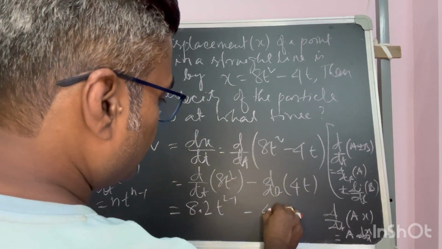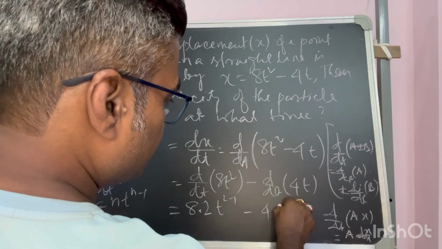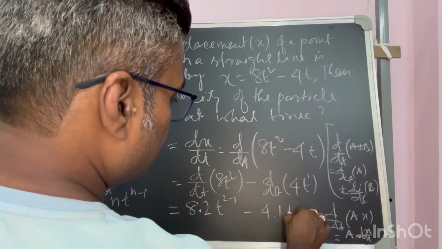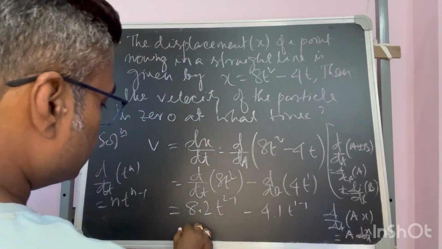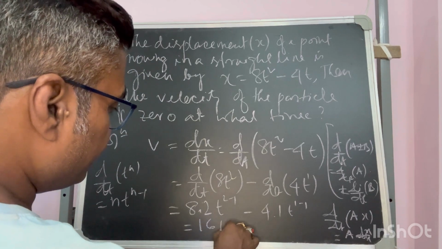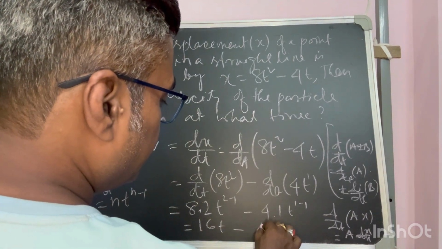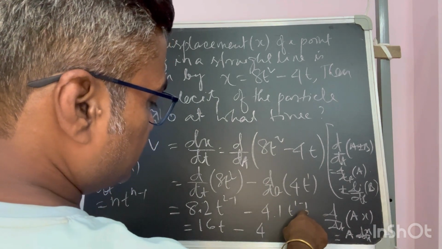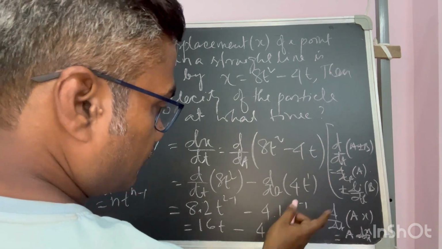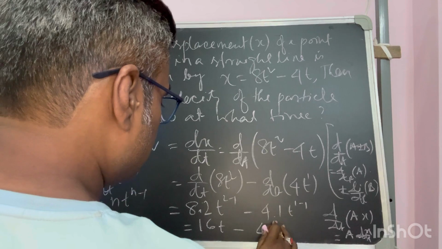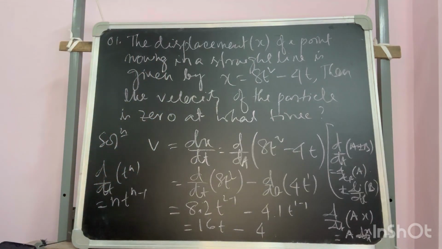Minus 4 comes out, t is power 1, so t to the power 1 minus 1. So this is 16t, ultimately minus 4, because 1 minus 1 means 0, something to the power 0 is 1.